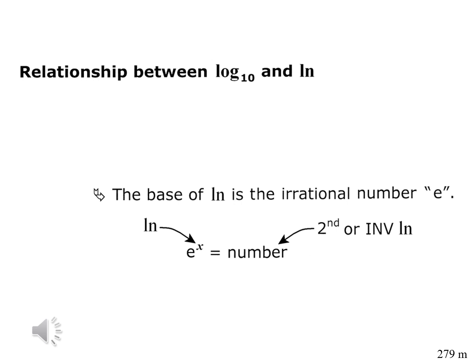The ln is the exponent that you have to raise the number e to in order to get the number you're talking about. And e is not a letter, it's a number. You know that the number pi is an irrational number that goes on forever, never repeats, 3.1415, etc. E is just like that.